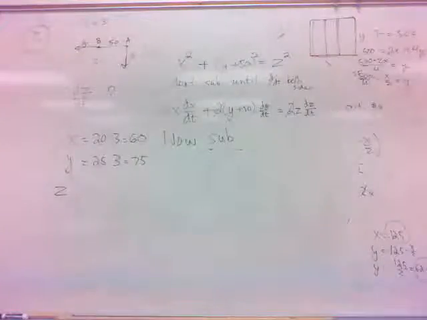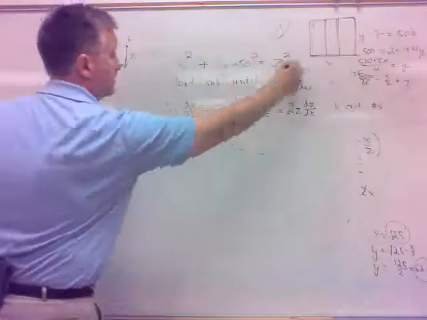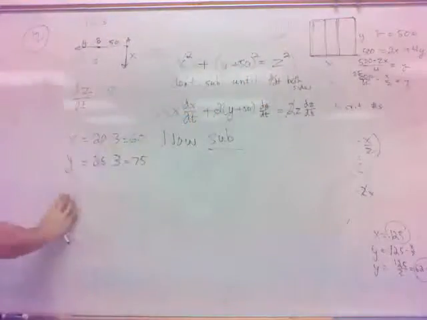For z, I have to go back to the Pythagorean theorem again, don't I? I have to use this again to find it.